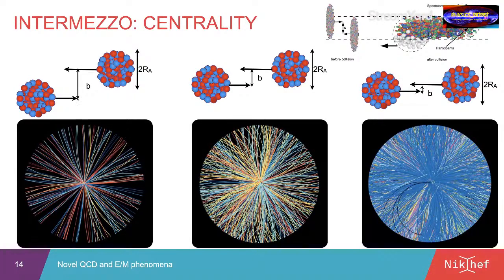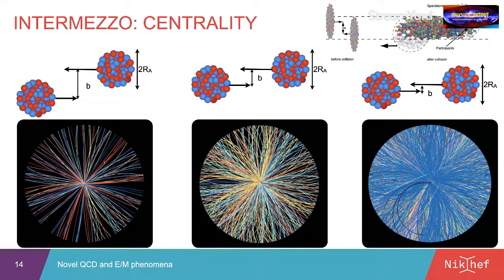And if the impact parameter is large, then we talk about peripheral collisions. This is reflected in the final state by the fact that the number of produced particles is not so large. This is just a snapshot in the transverse plane of the outcome of such a peripheral collision.